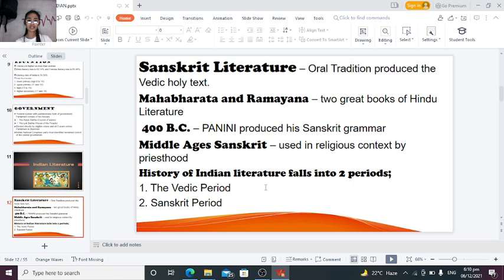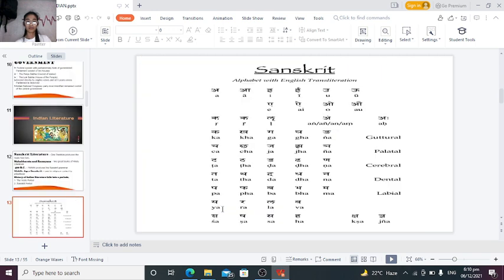Around 400 BC, Panini produced his Sanskrit grammar, and they used Sanskrit in the Middle Ages in a religious context by the priesthood. The history of Indian literature falls into two periods, the Vedic period and the Sanskrit period.